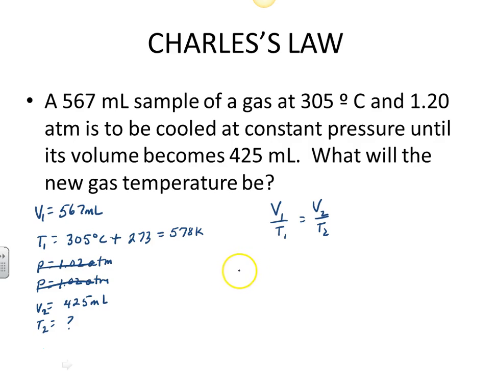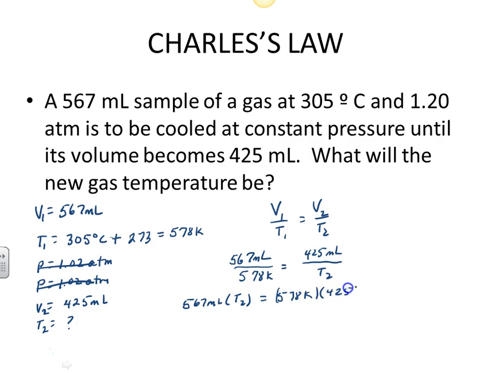So plug in. We've got 567 milliliters over 578 Kelvin equals 425 over T2. This gives 567 milliliters times T2 equals 578 Kelvin times 425 milliliters. Cross multiplying.